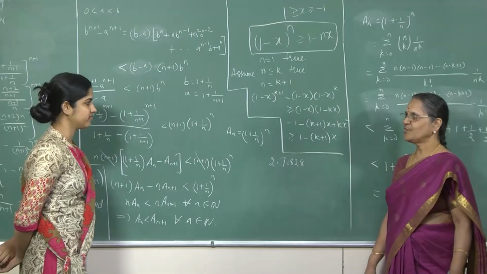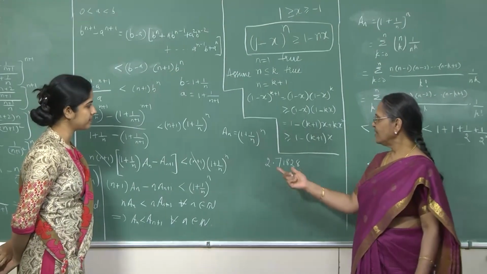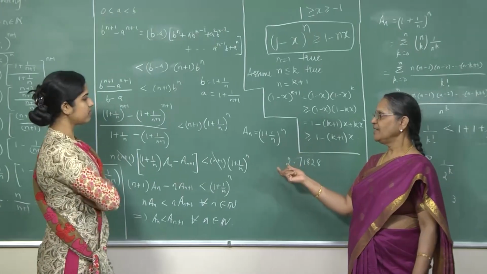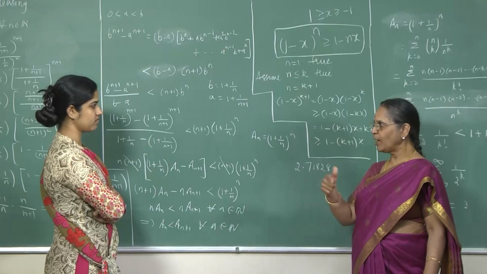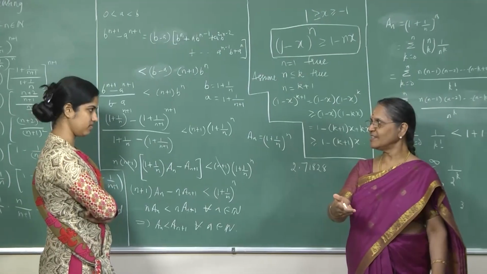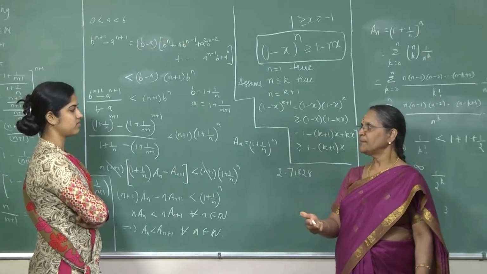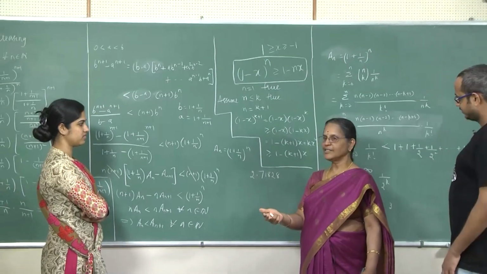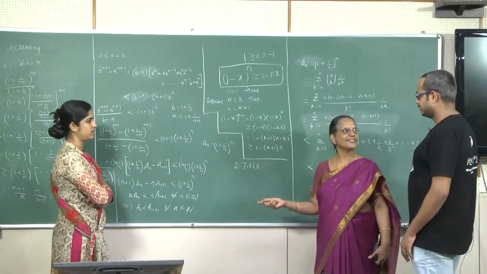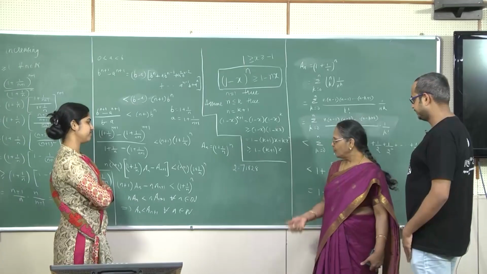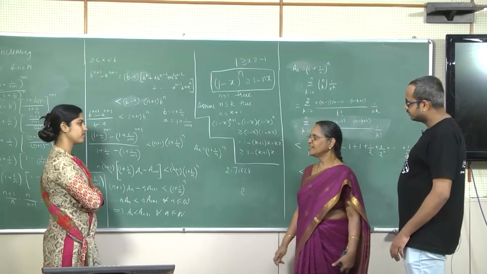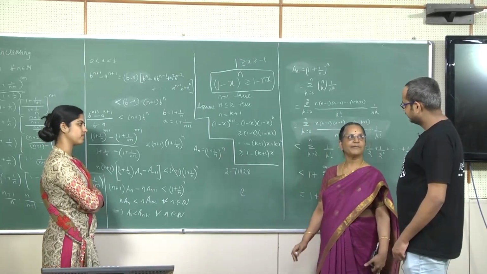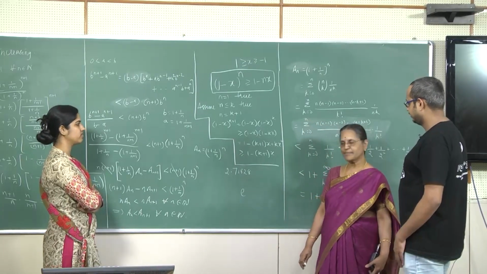So it is the amount of money that is accrued when a principal amount of 1 rupee is invested with 100% per annum interest compounded continuously. So that is what e is, and this e plays an important role in mathematics and its applications.